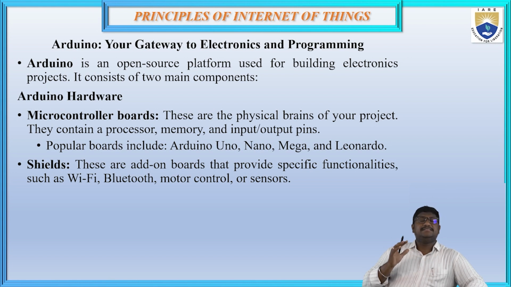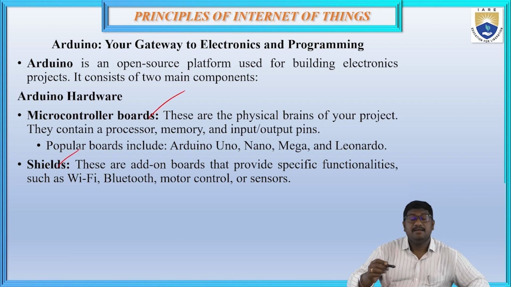And what is Arduino? Arduino, in one word, is your gateway to electronics and programming. In simple words, I can say this. Arduino, which is an open source platform used for building electronic projects, consists of two major components such as microcontroller boards and shields. Right, guys? Arduino hardware has two types, microcontroller boards and shields.